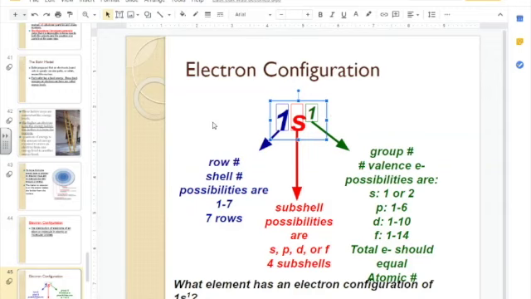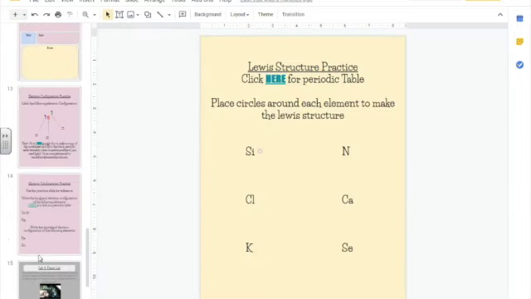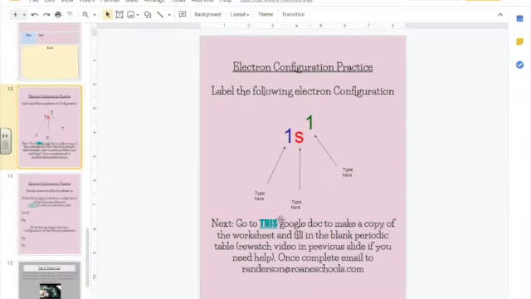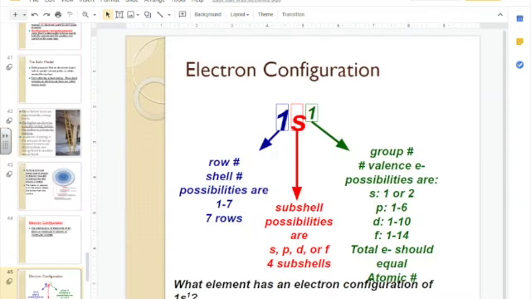There we go, so it has 1s1. This slide is actually in your digital notebook on this first page, so you need to type what these numbers mean.